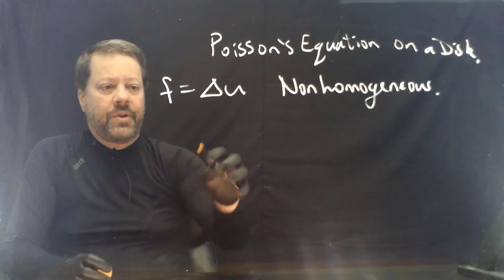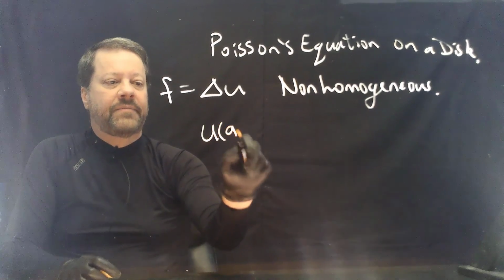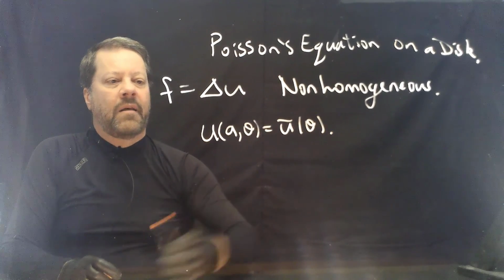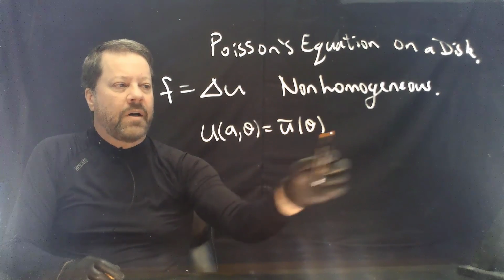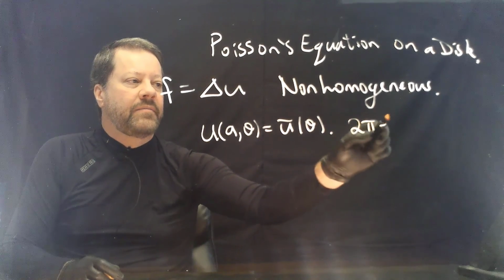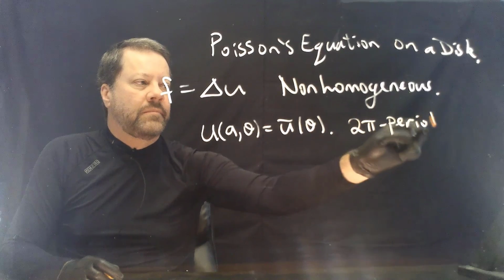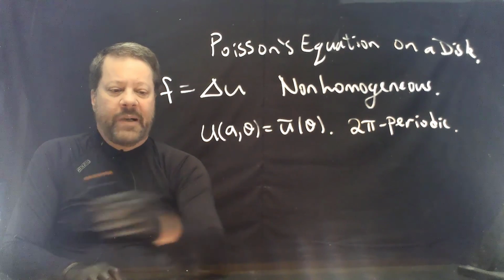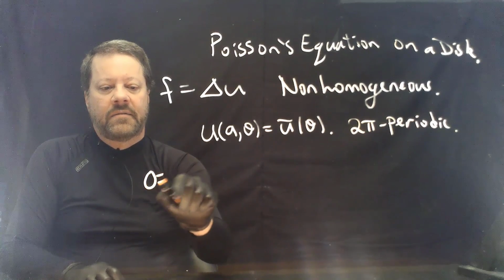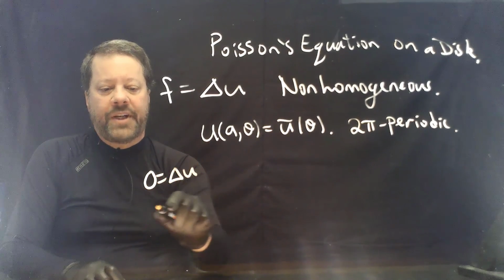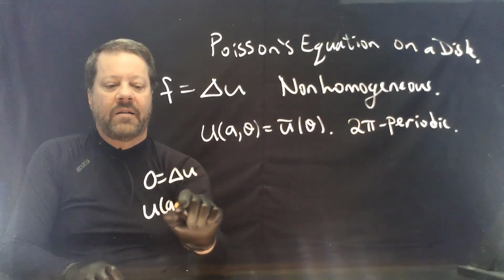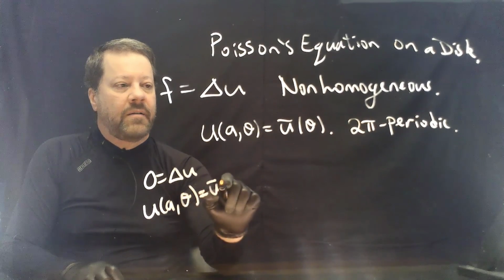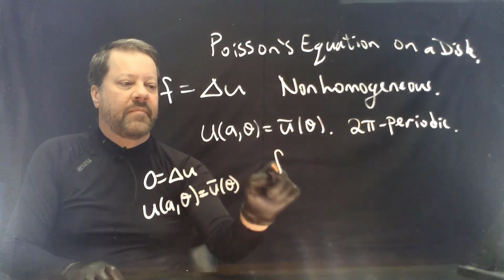We must also assume certain boundary data. We need this function u bar to be 2 pi periodic. And the way that we're going to break this down: on the homogeneous problem, that's where we'll have our data.